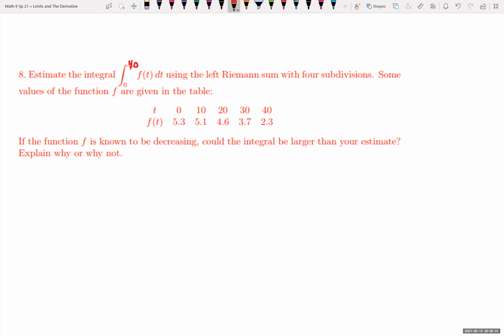And then underneath, they tell us f of t is 5.3, 5.1, 4.6, 3.7, and 2.3. Those are all underneath the values of t. And then we have, if the function f is known to be decreasing, could the integral be larger than your estimate? Explain why or why not.